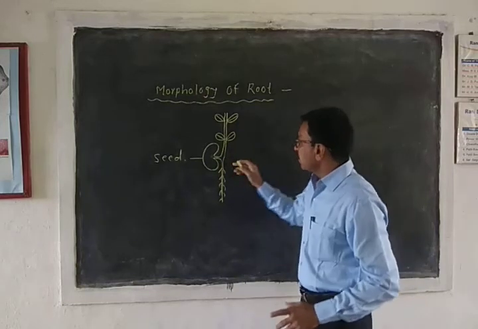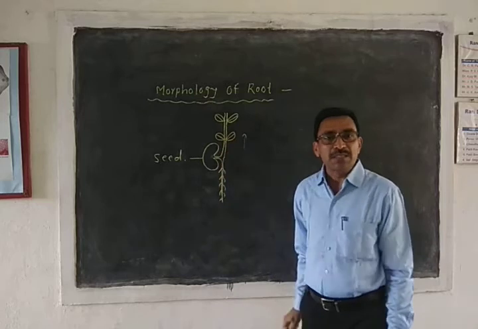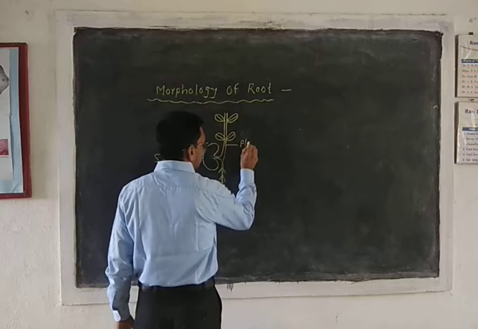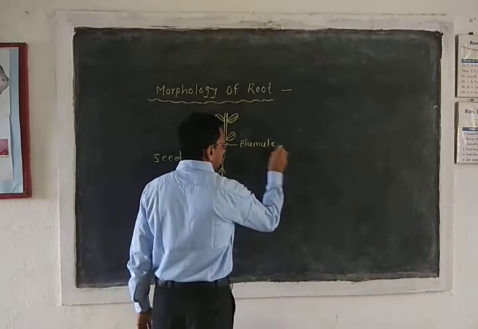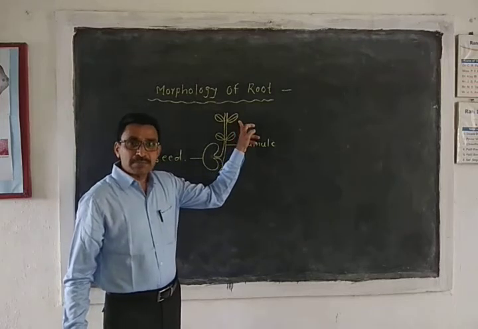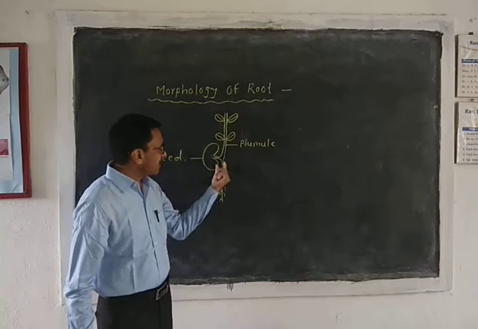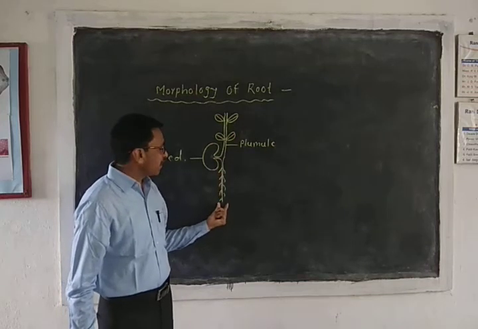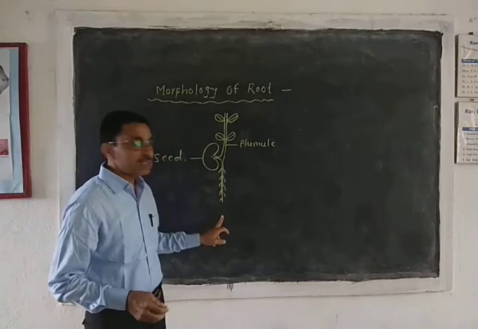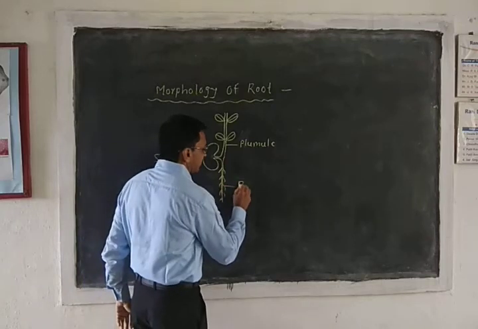The one part grows towards the upper side, that is towards the sunlight. That is called a plumule. While this is another part. This other part grows downwards, means towards the soil or center of gravity, and that is called a radicle.